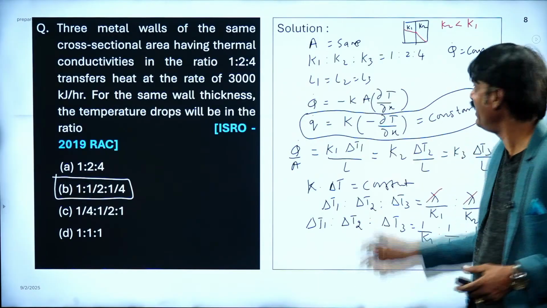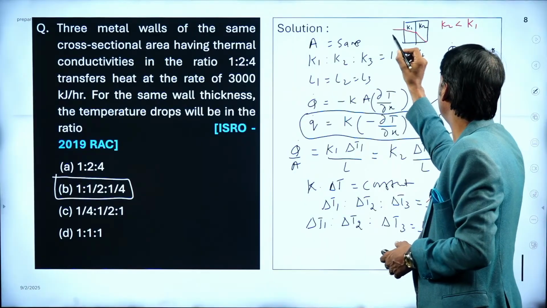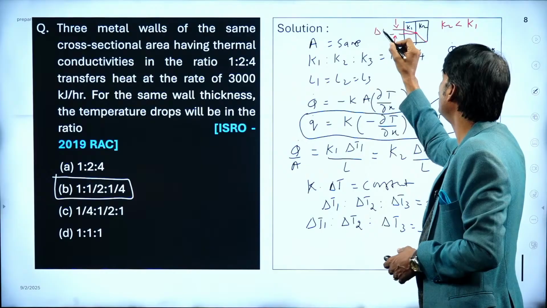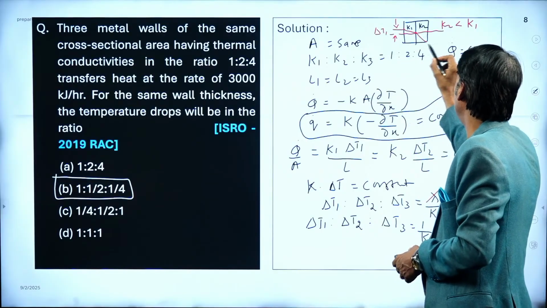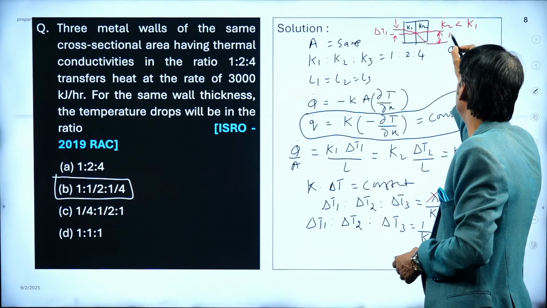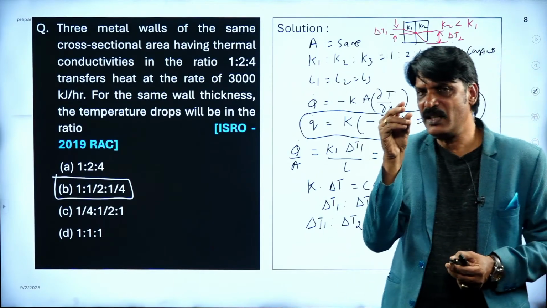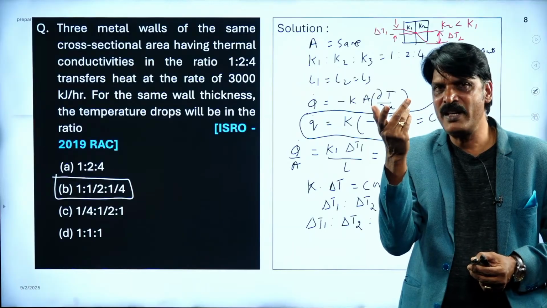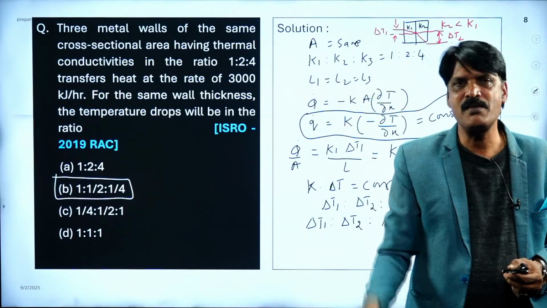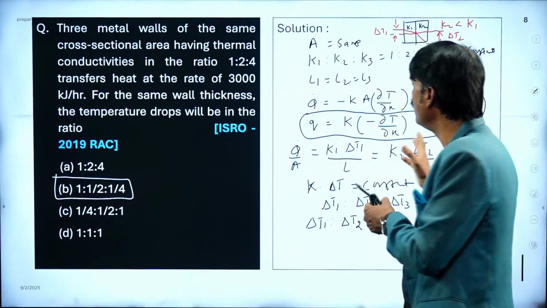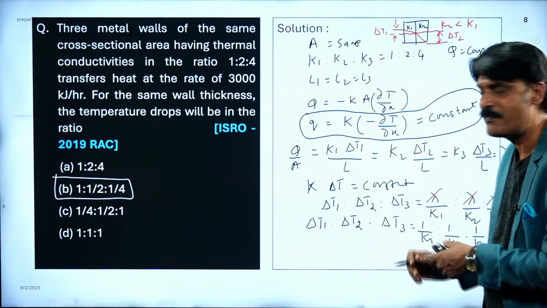For the high thermal conductivity material, this drop in temperature, delta T1, is less compared to delta T2. So the product of thermal conductivity into temperature gradient remains constant. That's why whenever you have a constant heat flow across a composite slab, you observe these variations.